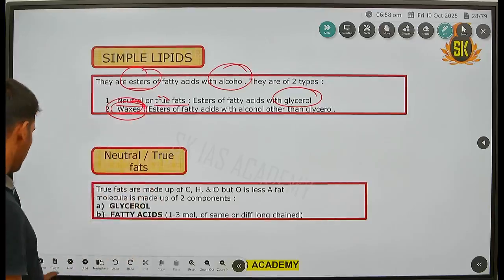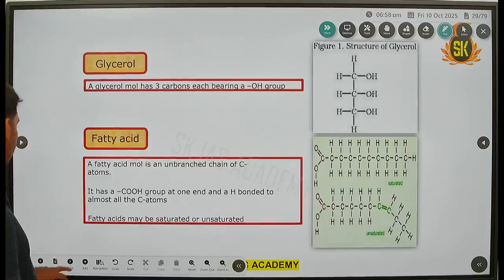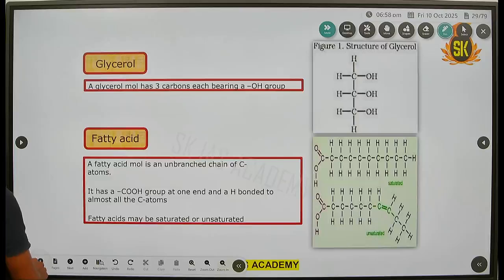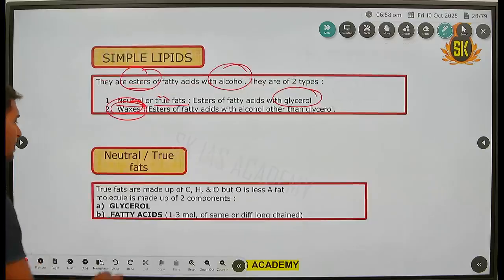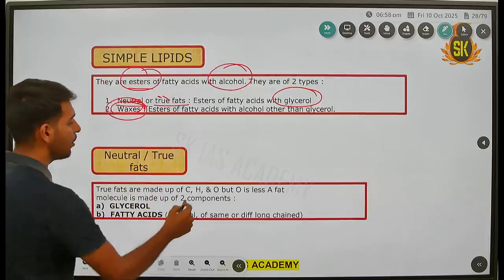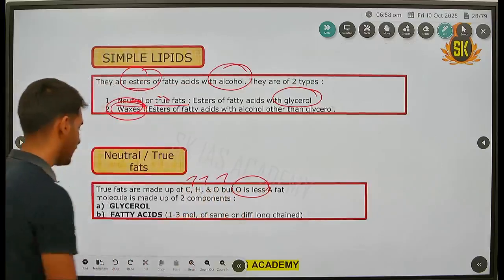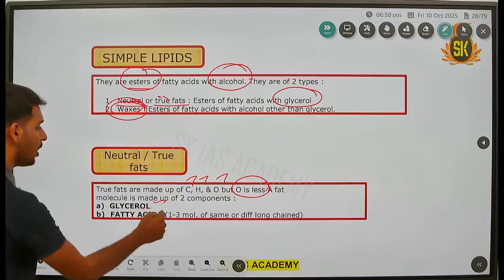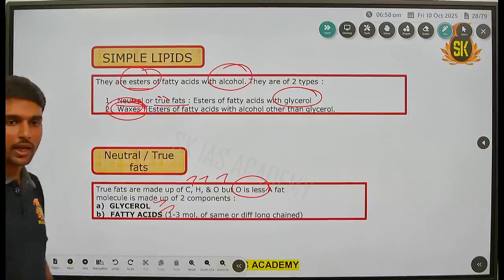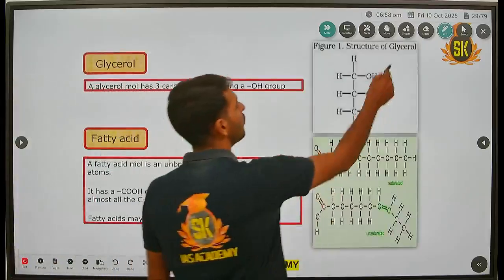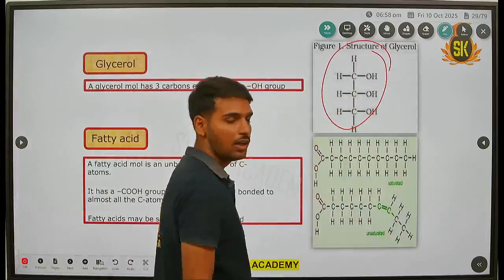These neutral fats are made up of carbon, hydrogen, oxygen, but oxygen is less, as we already saw. Glycerol and fatty acids are the two main components. As you can see here in this diagram, this is the structure of glycerol.